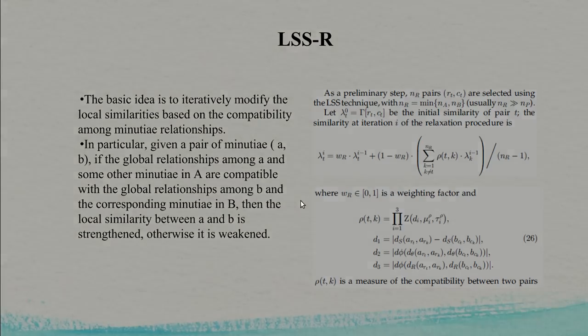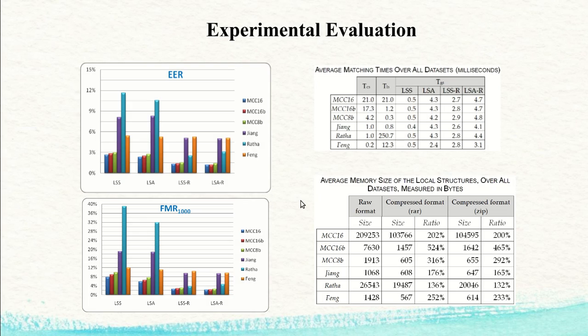Now coming to the experimental evaluation. There are four diagrams in this slide. The top left diagram is the equal error rate, EER. It means the lower the EER, the better the algorithm is.